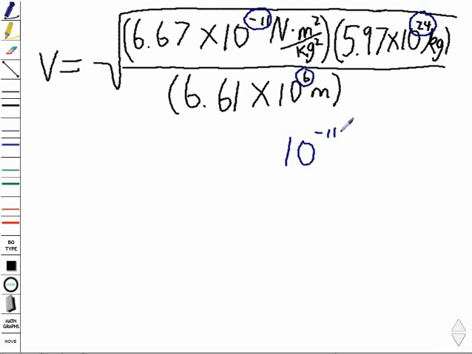When you multiply, you add the exponents, so negative 11 plus 24. And when you divide, you subtract an exponent, so minus 6. So negative 11 plus 24 gives me 13, minus 6 gives me 7. So I should end up with a number that's 10 to the 7th power.